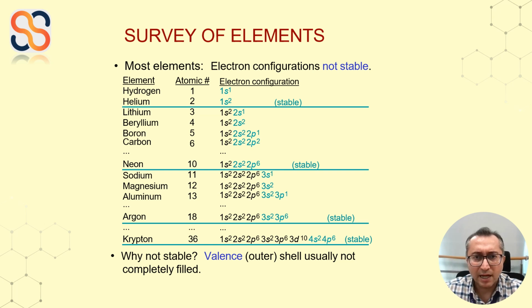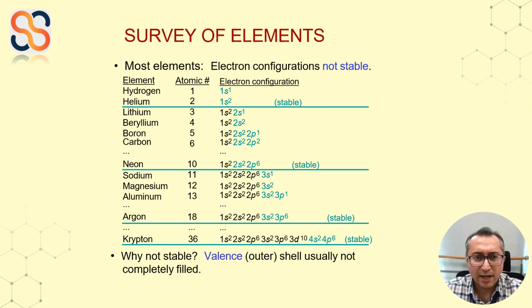When we look at larger atoms like argon or krypton, the electron configurations get even more interesting. Argon, for example, has an electron configuration of 1s2, 2s2, 2p6, 3s2, 3p6. Because its outer shell is completely filled, argon is another stable noble gas.